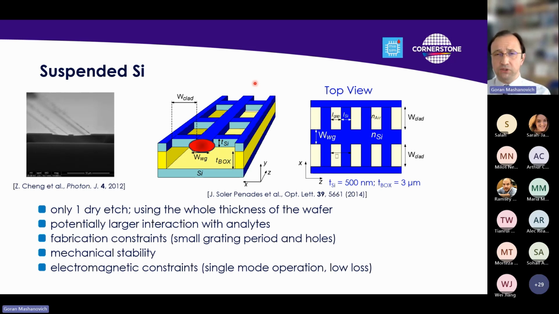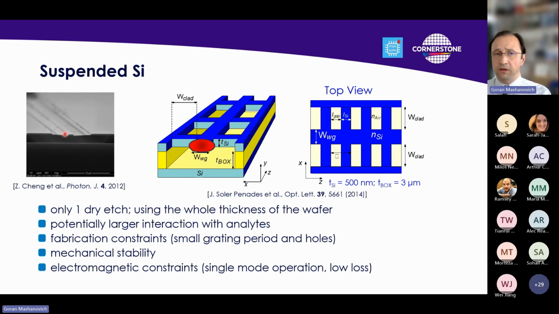Why we think this approach is better than the previous one? First, we use just one dry etch step to form these holes. Secondly, let's say gas now can be closer to the waveguide, so we can have larger interaction with the gas. It can also be more mechanically stable because we are using the total thickness of the wafer, which is 500 nanometers.